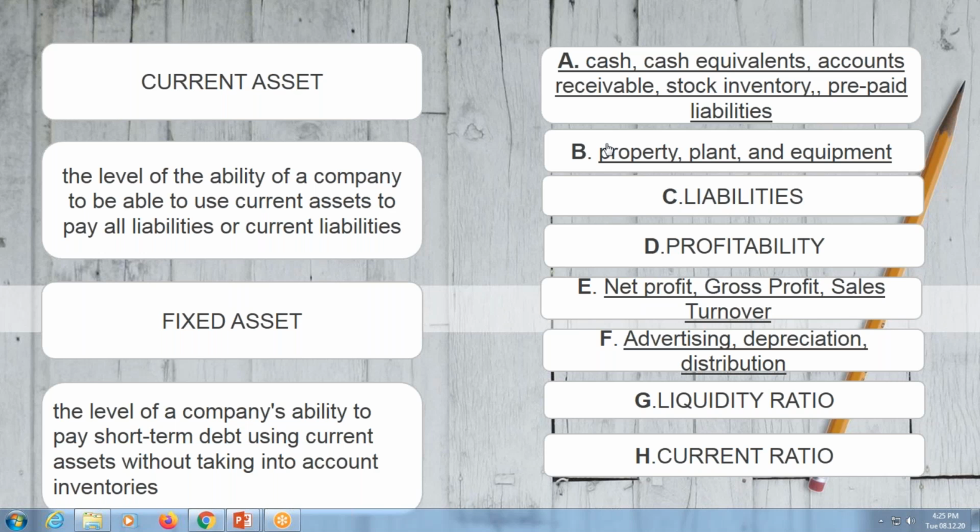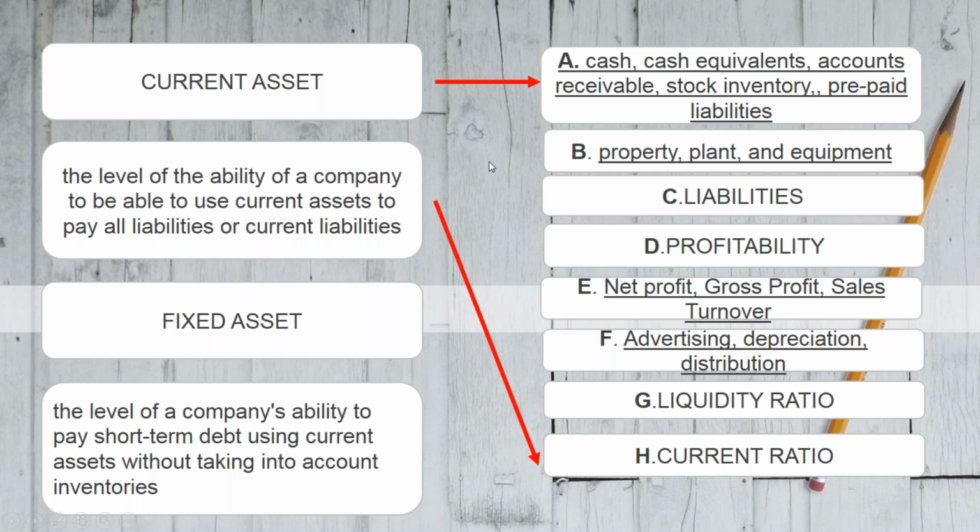For the current asset, I think it's A. Okay, let's see. Cash equivalent, accounts receivable, stock inventory, and prepaid liabilities. Okay, current asset is cash equivalent, accounts receivable, stock inventory, and prepaid liabilities.